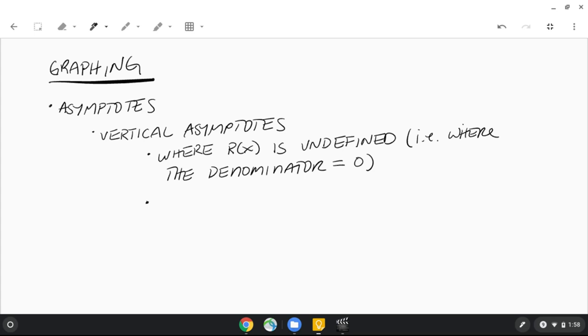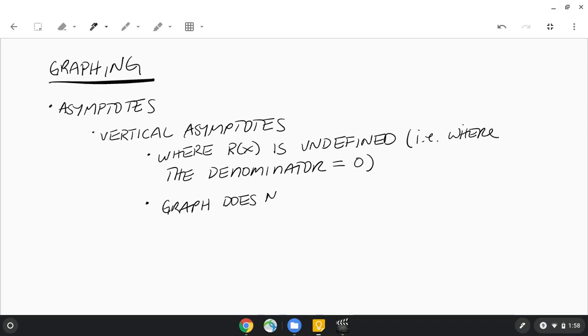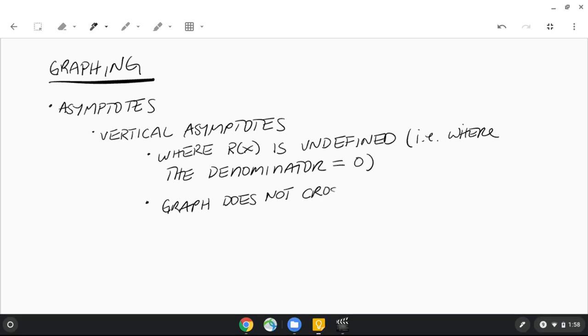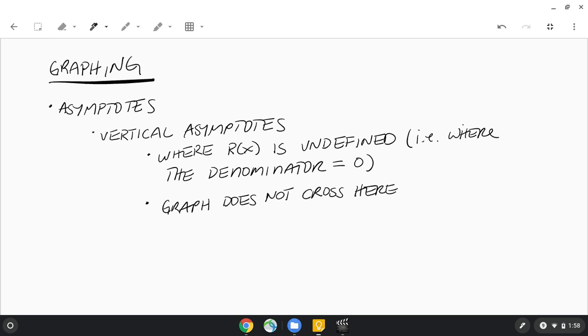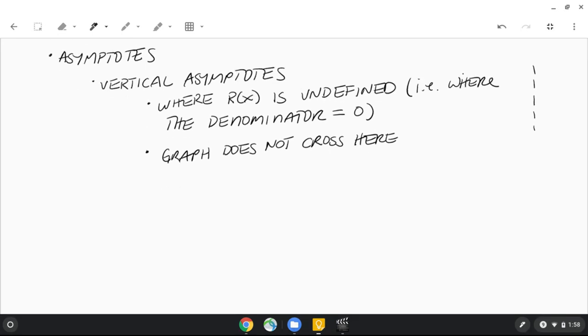Because this is where the function R of x is undefined, the graph will not cross here. Okay, so those are your vertical asymptotes. And usually for the vertical asymptote, we just have this vertical dashed line.